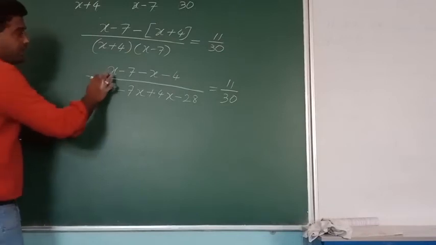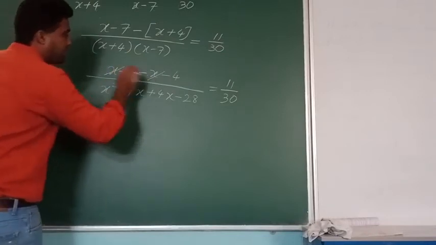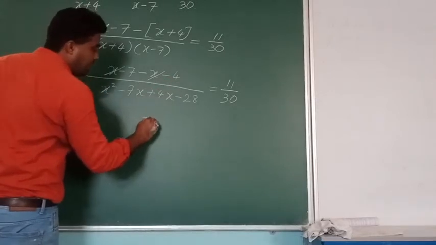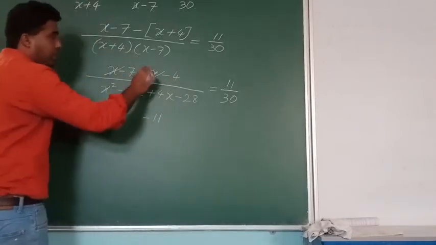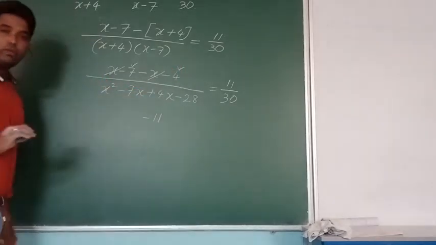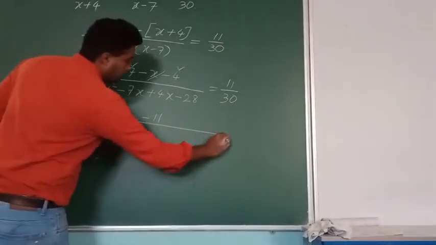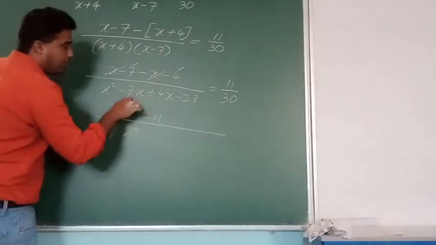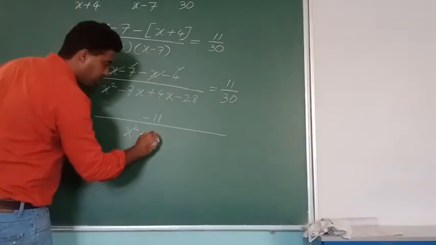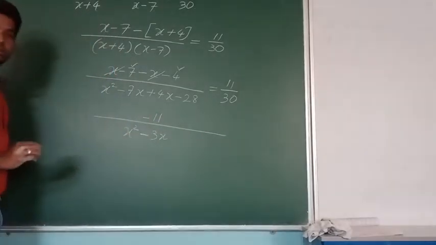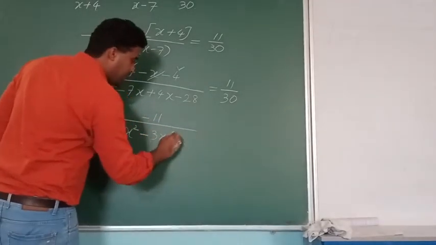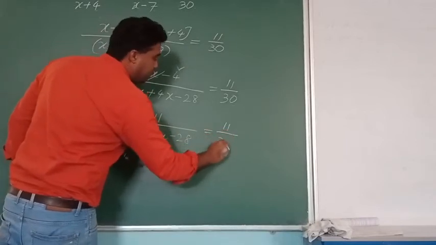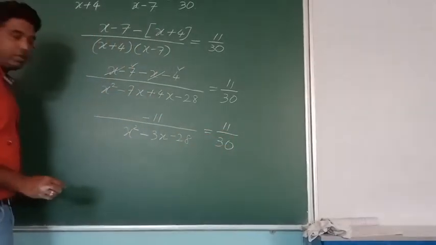Plus x and minus x get cancelled. What is left? Minus 7 minus 4, minus 11. So the numerator is minus 11, divided by x square. Solving these, minus 7x plus 4x gives minus 3x, then minus 28, which is equal to 11 by 30.